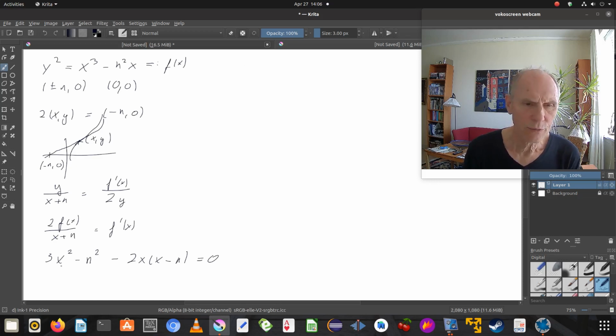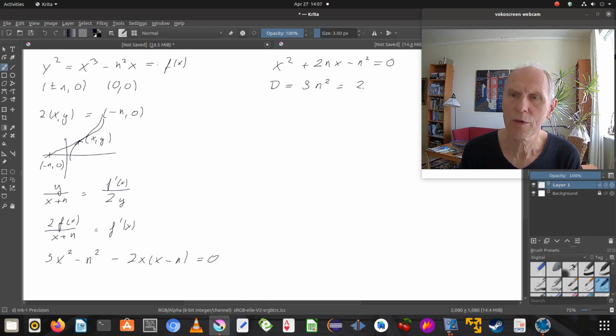So we get 3x squared minus 2x squared minus n squared plus 2xn minus n squared. We have a discriminant 4n squared plus 4n squared. That's 2 times a perfect square.